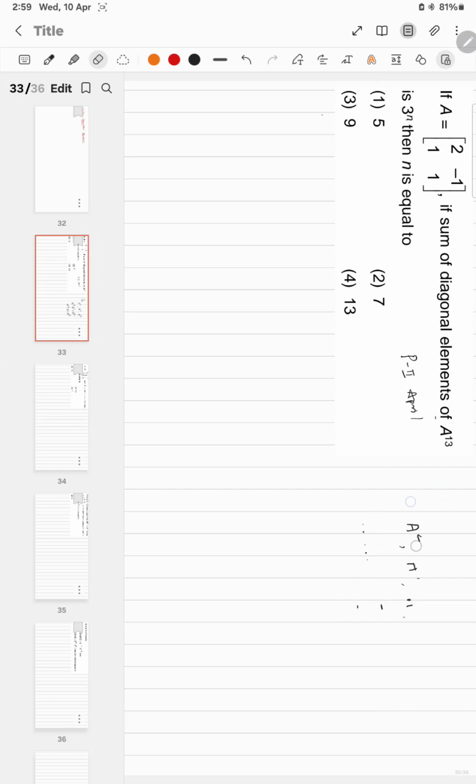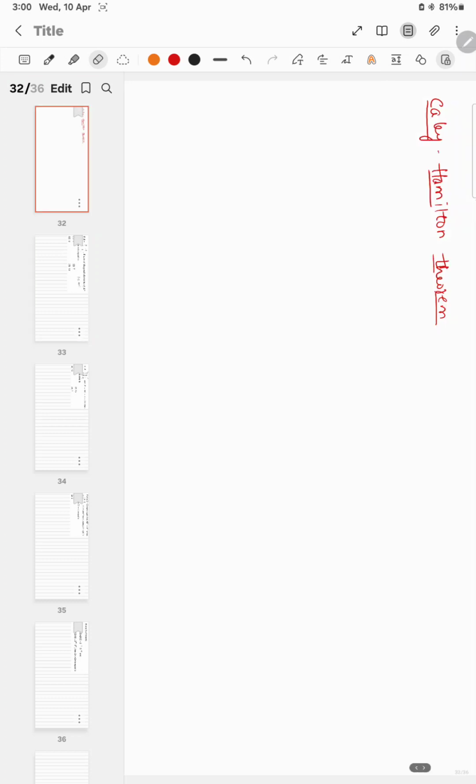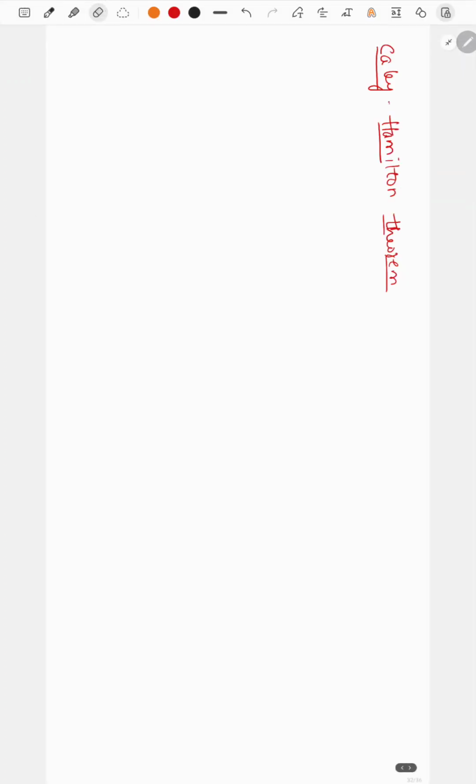Another method is to solve this question using the Cayley-Hamilton theorem. So let's discuss what exactly the Cayley-Hamilton theorem is.